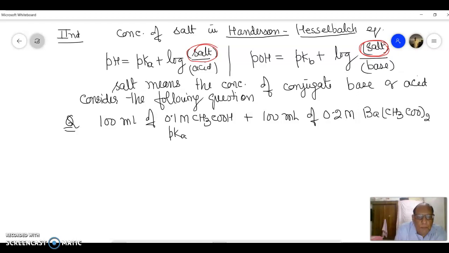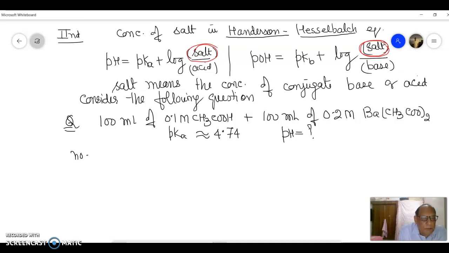The pKa value for acetic acid, let us take it approximately 4.74. So what is the pH of this buffer solution? This can be calculated as follows.